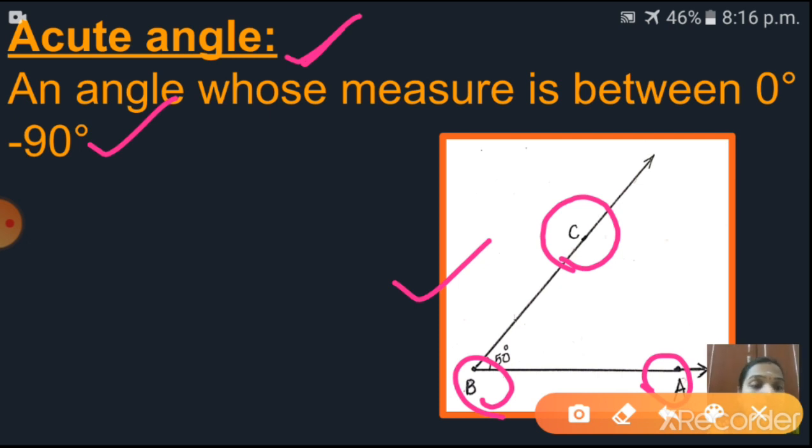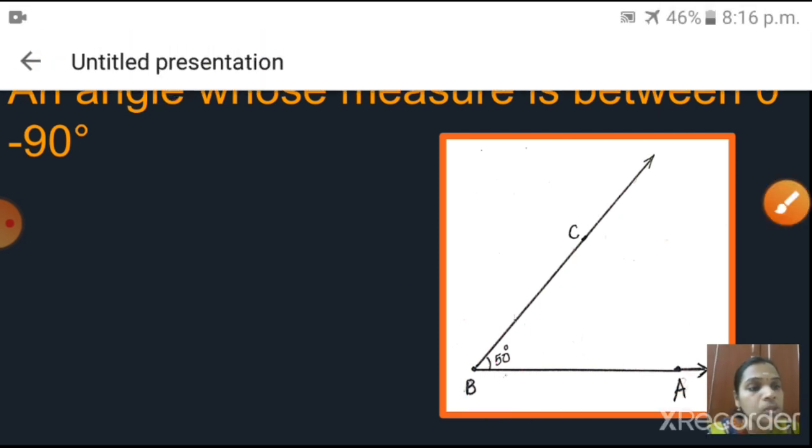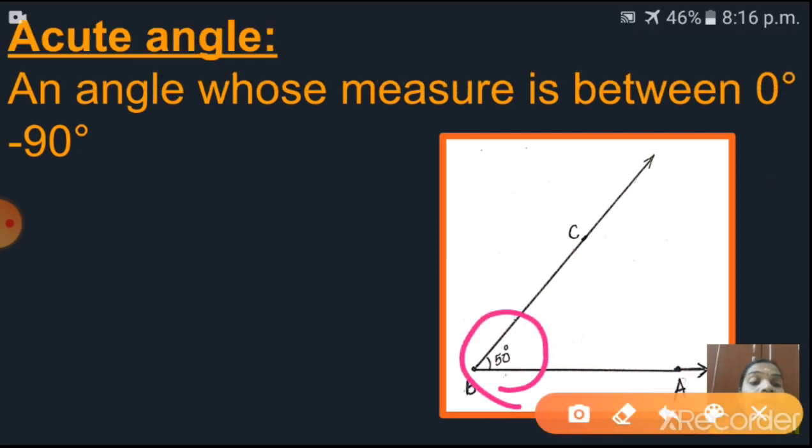Like this you have to give a name. At the same time, inside the angle you have to write the measurement also. Suppose for this acute angle you can take 75 degree or 85 degree. Whichever measurement you are going to take, you have to mention it.